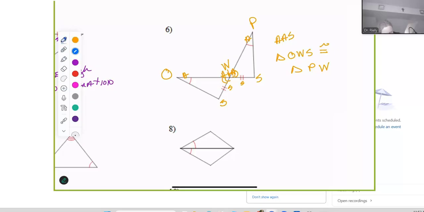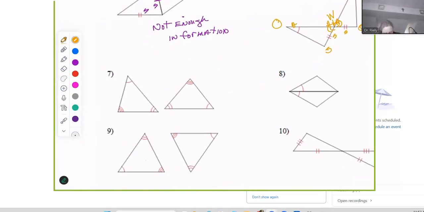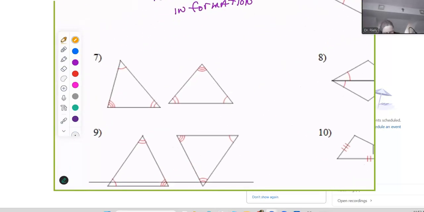That's so silly. Make that a Q. Okay, and we've got it. That's our congruency statement.